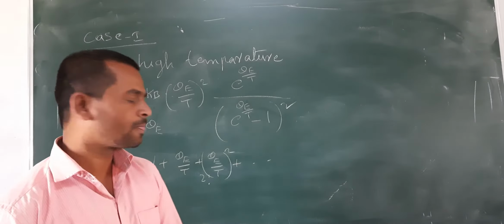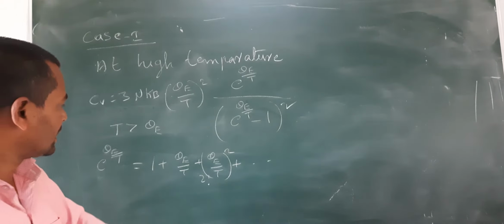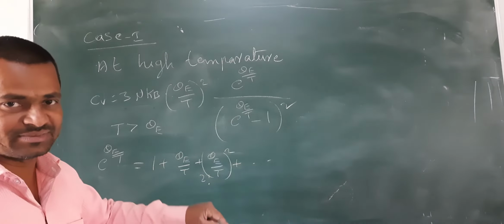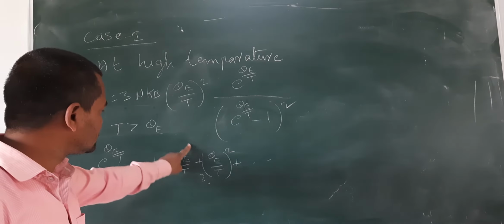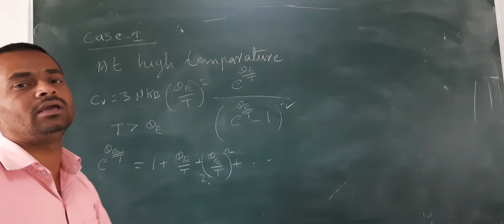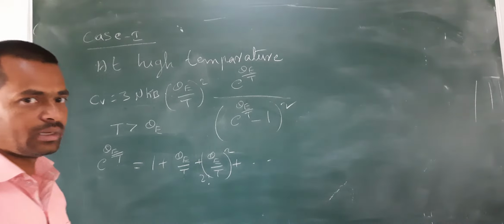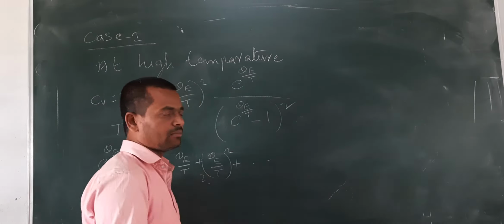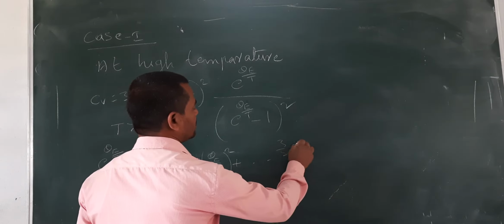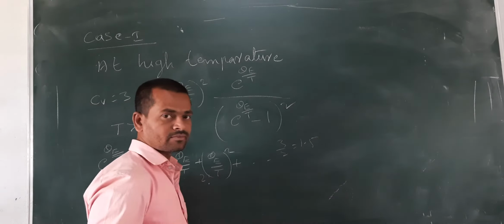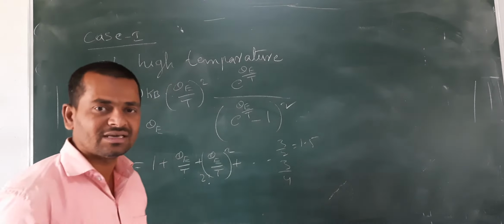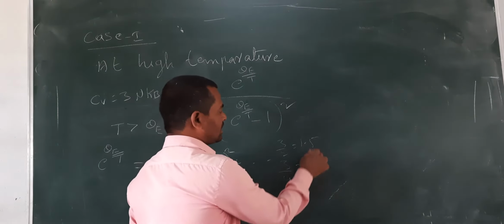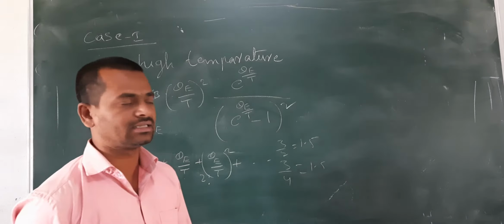No need to write more. Now see, T is high. When temperature is high, then this term will be low, right? For example, 3 by 2 is 1.5. When the denominator is increasing, you cannot get 1.5.